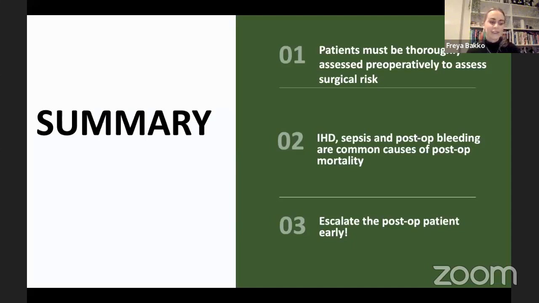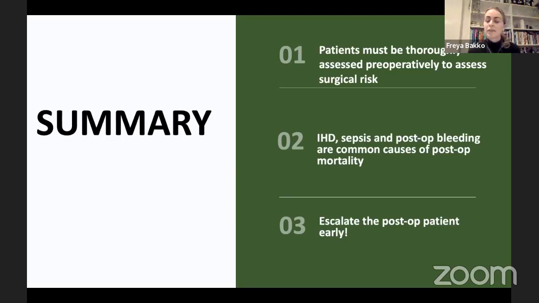Okay, so whizzing through the last couple of slides there, but I hope that wasn't too fast-paced for you. So just in summary, operative patients must be thoroughly assessed to assess their surgical risk and try to identify patients that are in the high risk category. Ischemic heart disease, sepsis and post-op bleeding are all common causes of post-operative mortality.